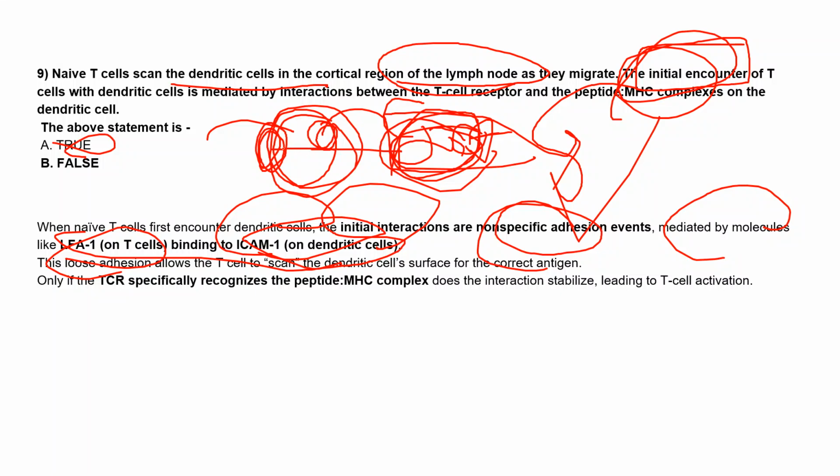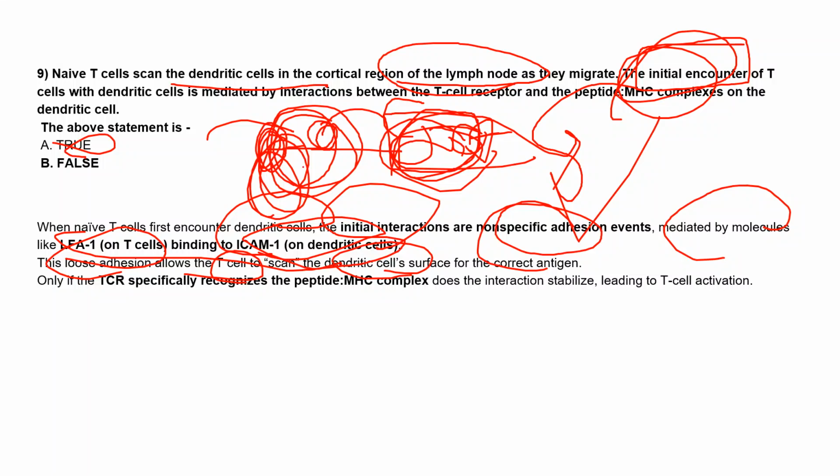These adhesions happen before the main peptide-MHC complex interaction. They are loose adhesions that allow the T cells to scan whether the dendritic cell surface has the correct antigen or not. So this is non-specific, just to see.